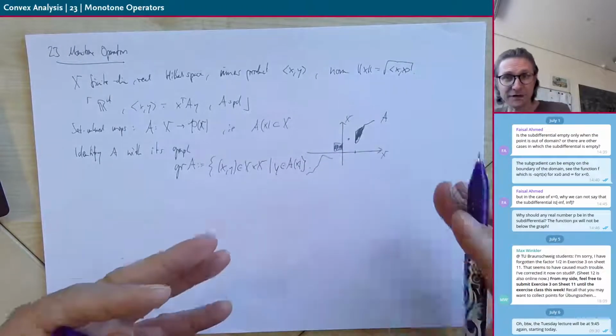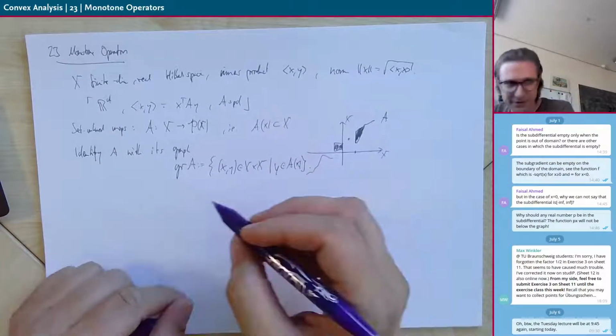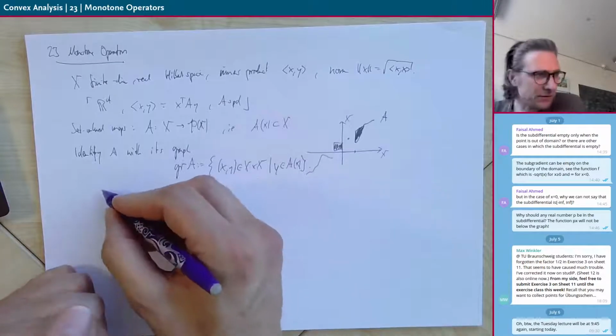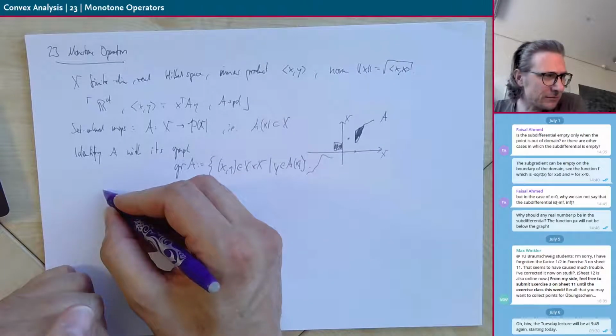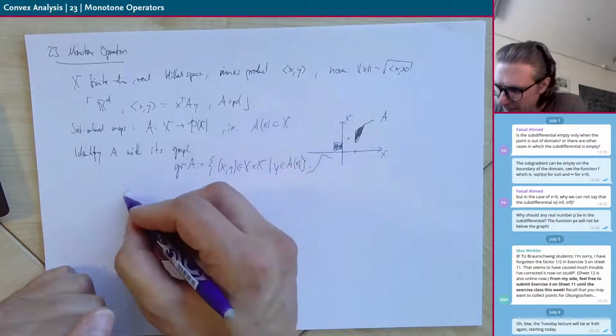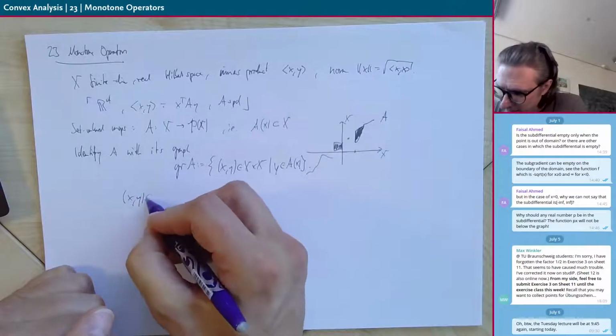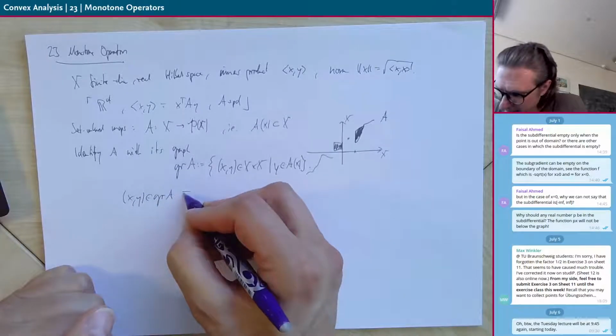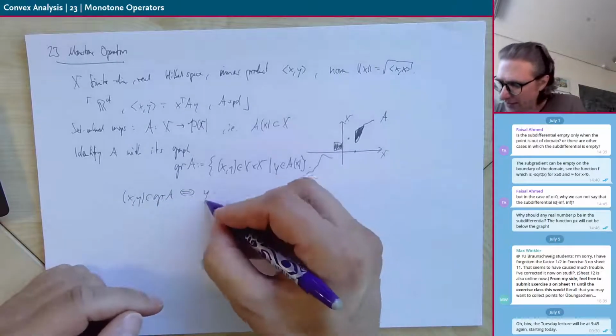We identify these two objects, so we write that (x, y) is in the graph of A interchangeably with y is an element of A of x.